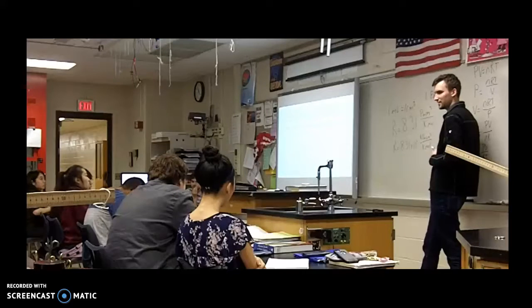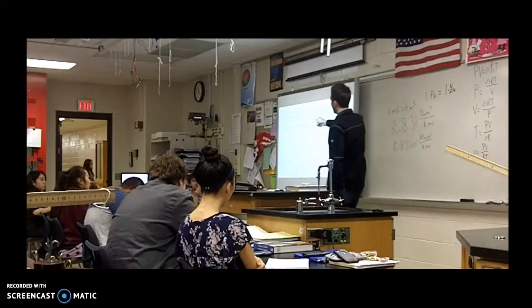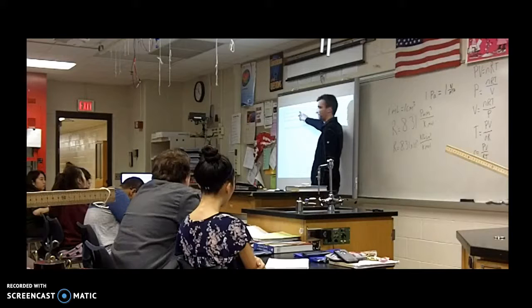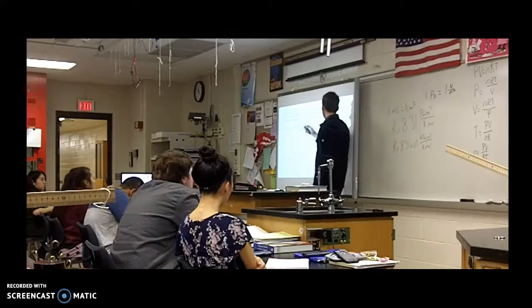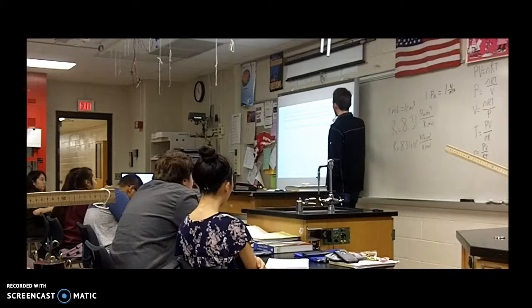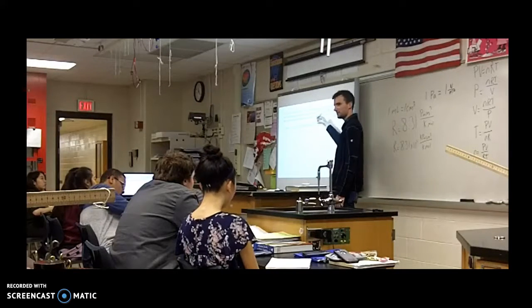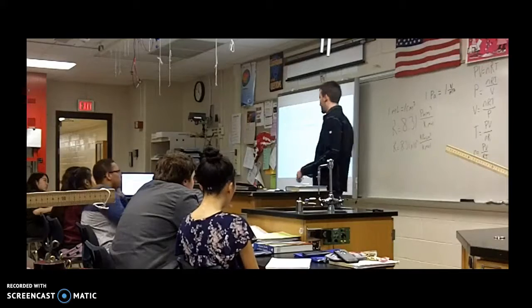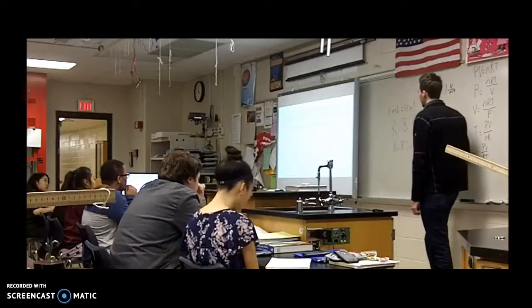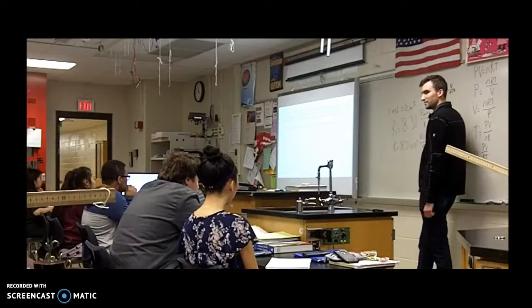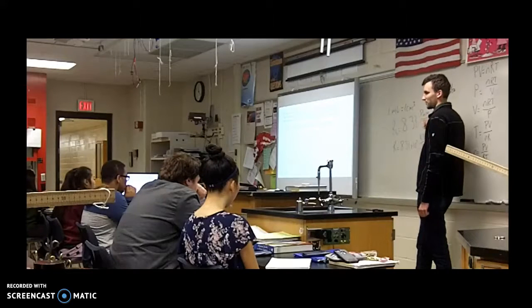I'm confused. So right here, we're given a volume in meters cubed, and then a pressure in kilopascals, right? So then we need to convert, because we need our constant's units to match the units that we're working with in the problem.